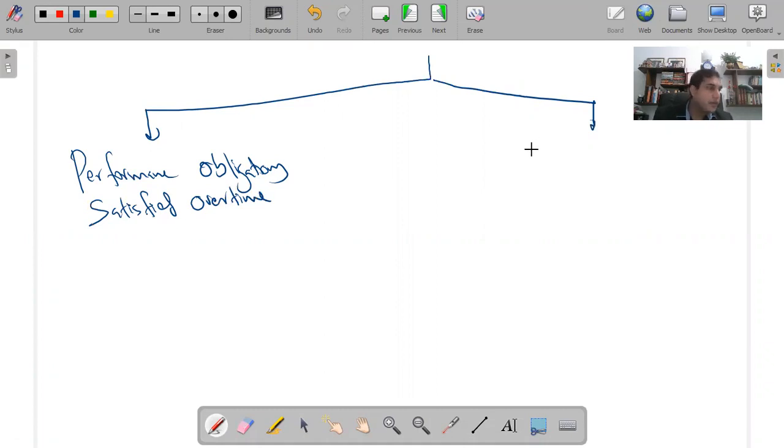Next one, performance obligations satisfied at a point of time.